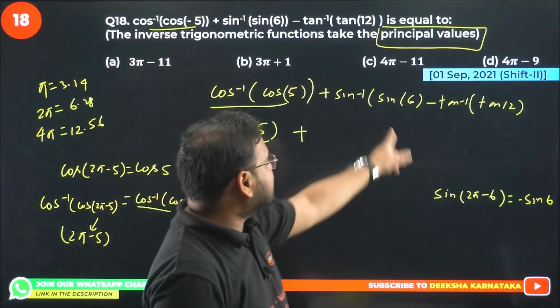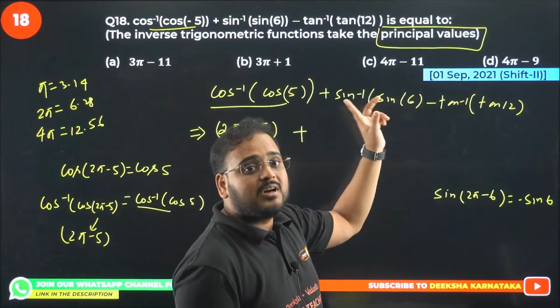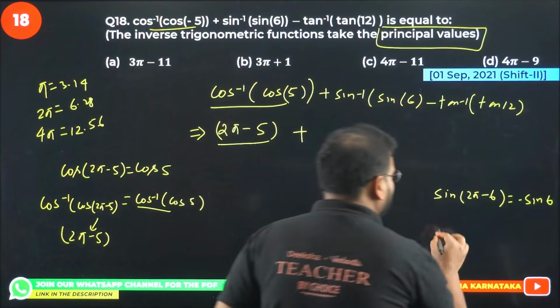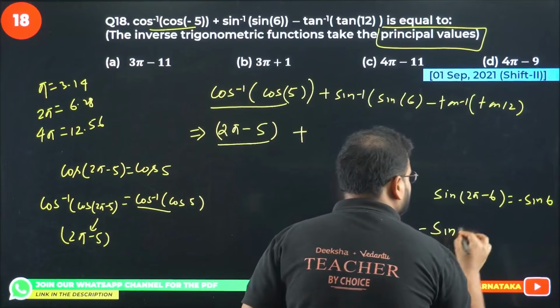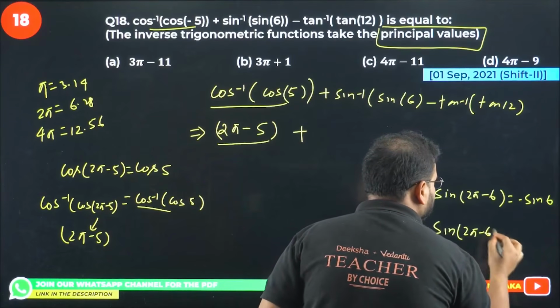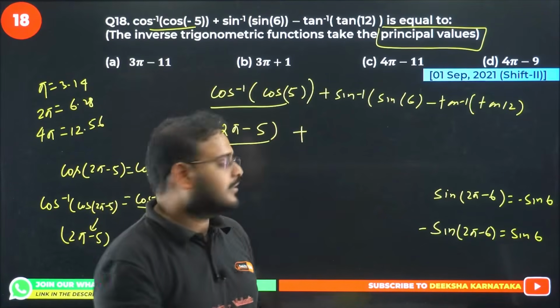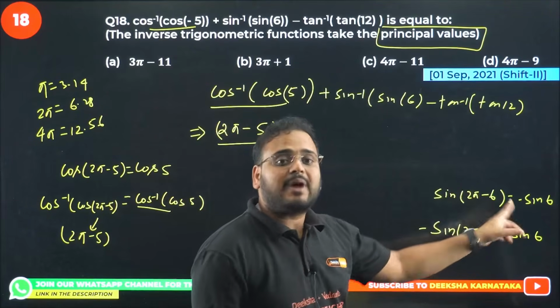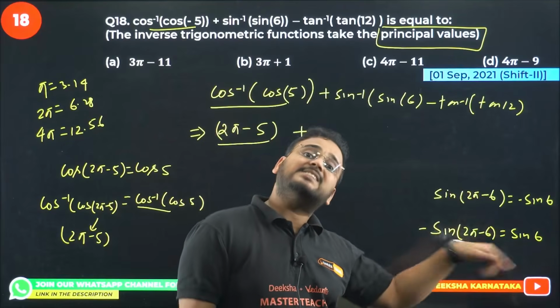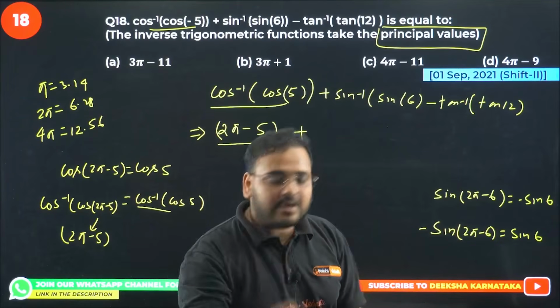So do I want minus sine 6? No. I want sine 6. For that I have to make the change over here. I'll repeat myself. Sine of 2 pi minus 6 is nothing but minus sine 6. In the fourth quadrant sine is negative actually. All of you agree? Okay.